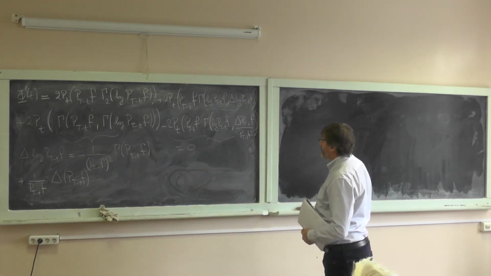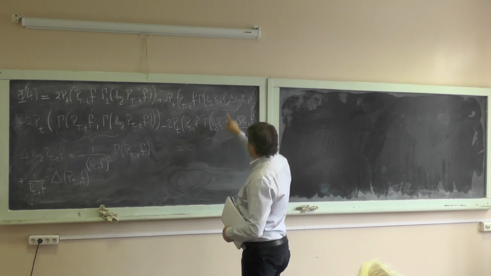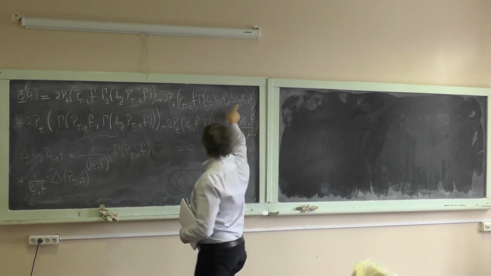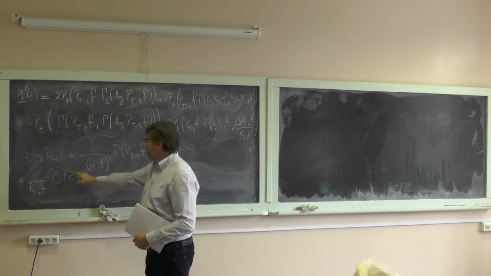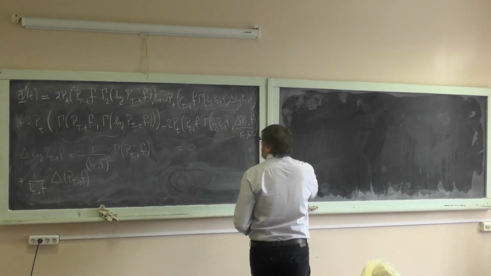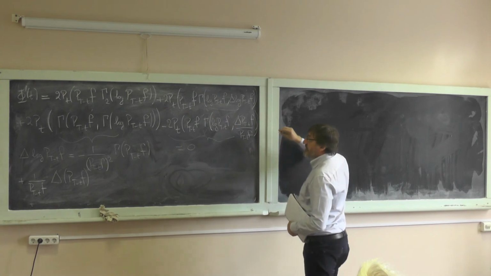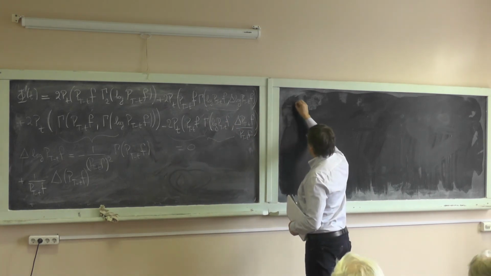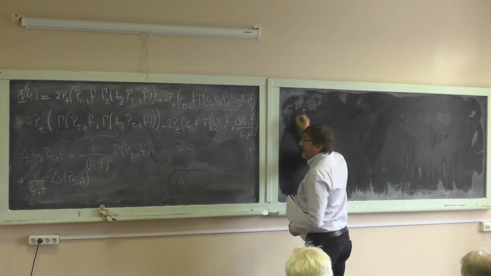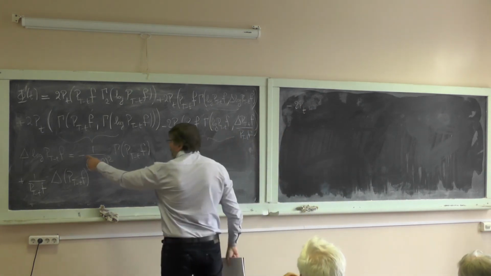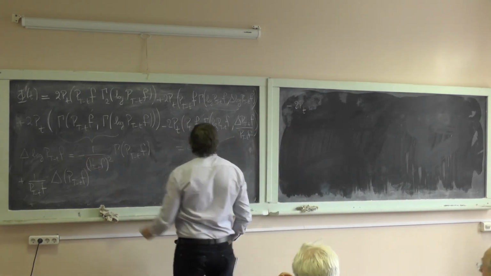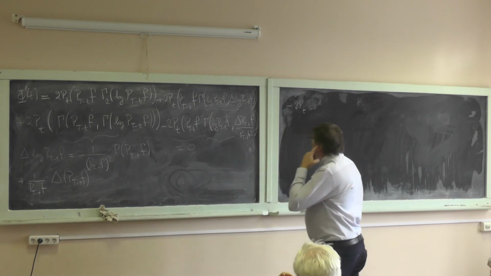So, if we replace in here this object with this, I'm just going to look at the first object. The first object becomes minus 2pt. The minus comes from here. Okay?